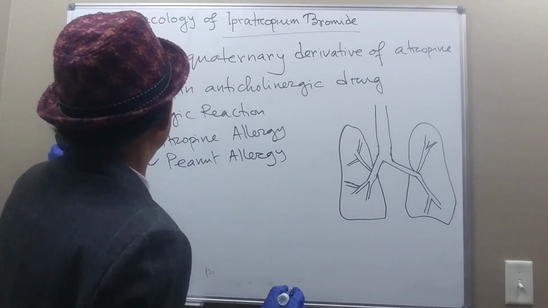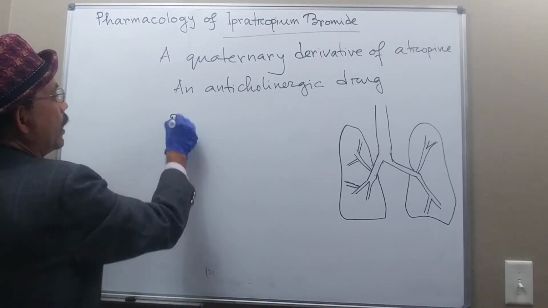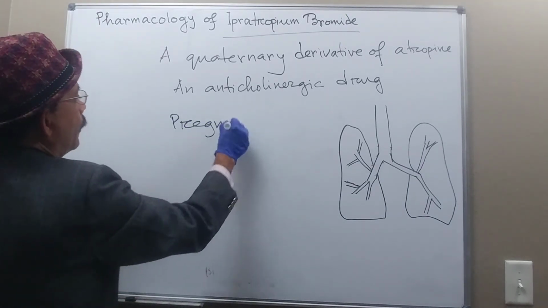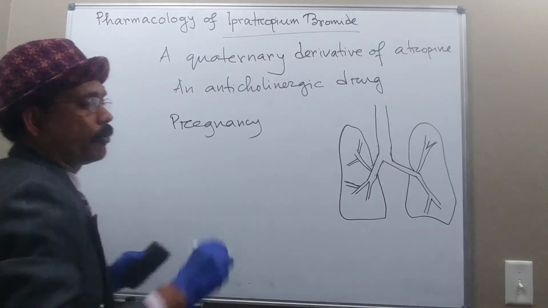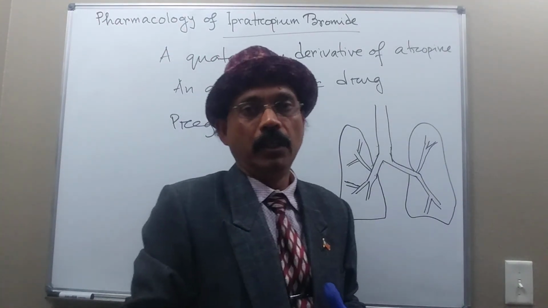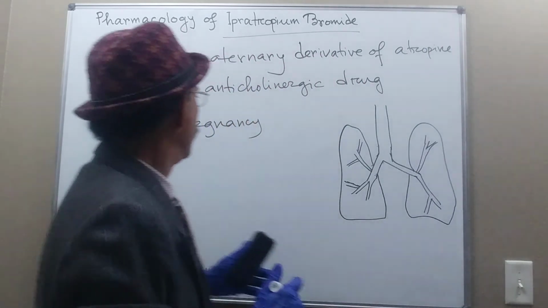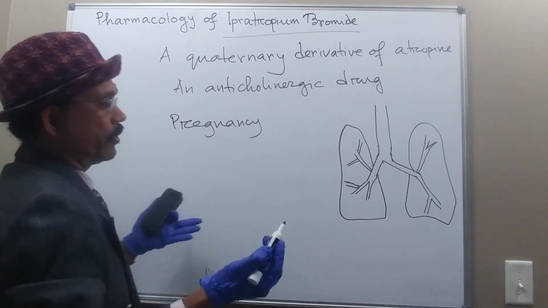These are contraindications. Okay. So during pregnancy, there is a report of congenital birth defect, but like other medication during pregnancy, it should be taken with a lot of caution. Usually it is harmless.